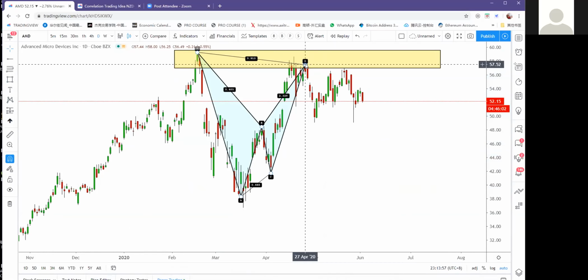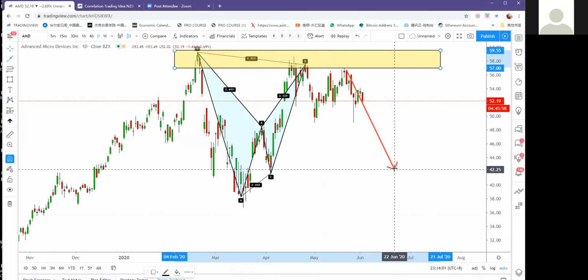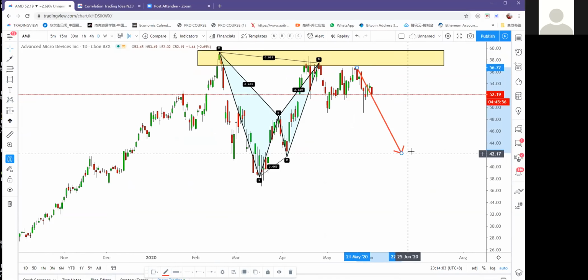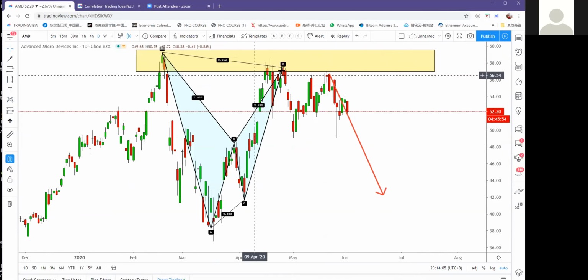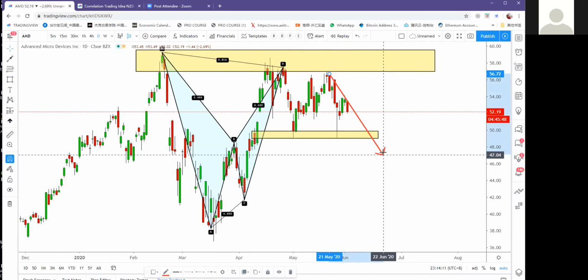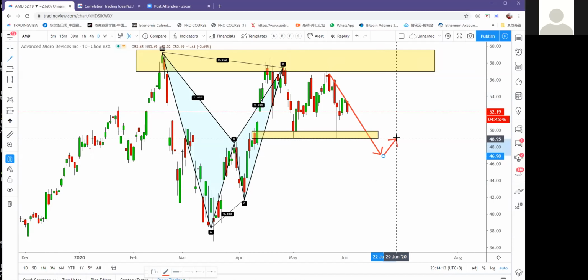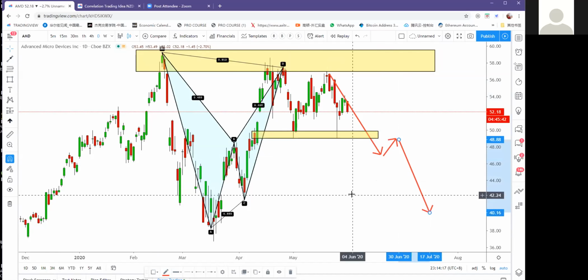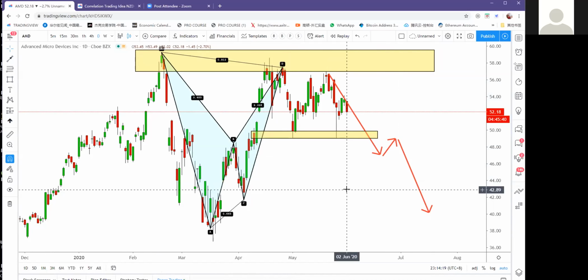I think AMD will retest 40. It's actually making a double top here. If AMD breaks 48, it will go down further to 42 or 40. So AMD, I'm bearish.